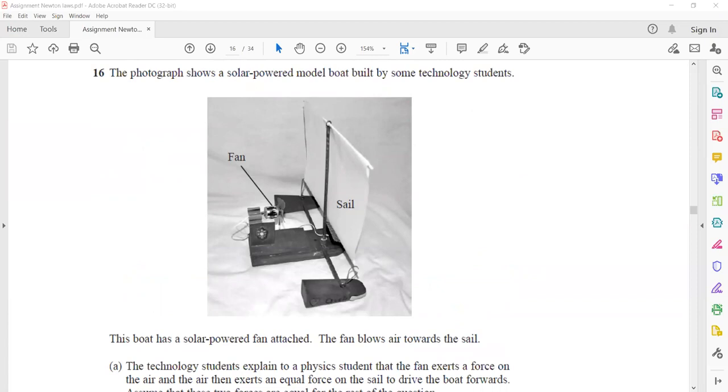the force from the air on the sail and the force from the air on the fan are equal and in opposite direction. So basically what happened, as you can see, the fan exerts force on the air, then the air will push the fan. Same thing, when these air molecules exert force on the sail, there will be a force on the sail and there is a force on the fan.